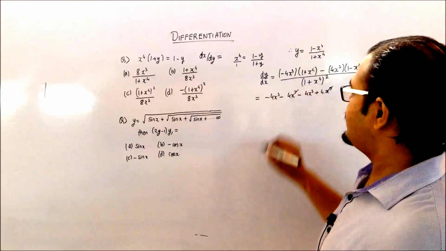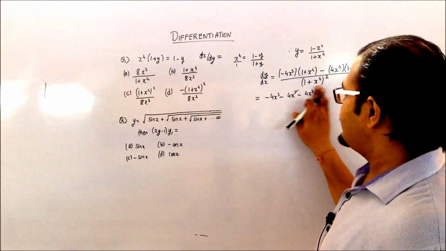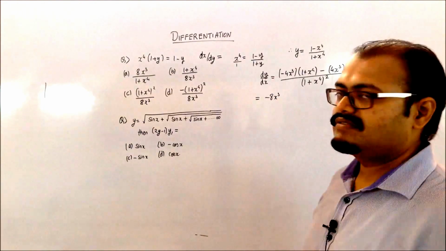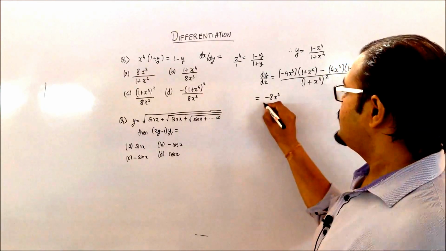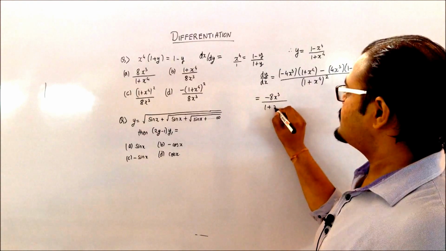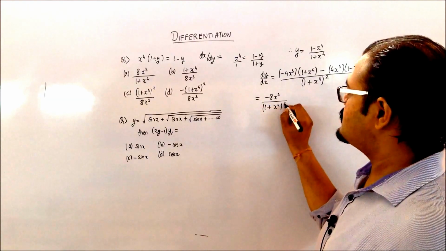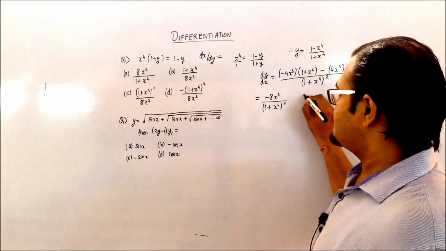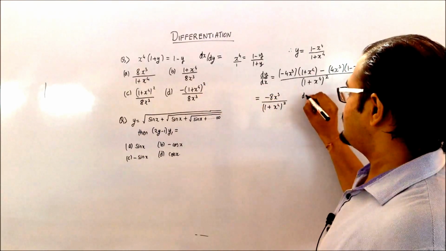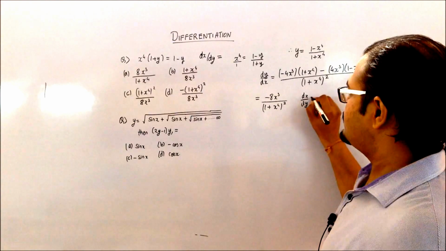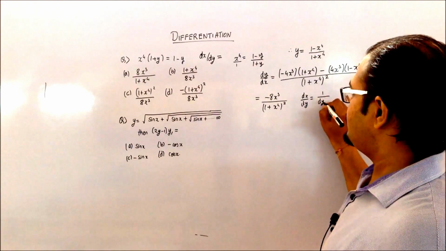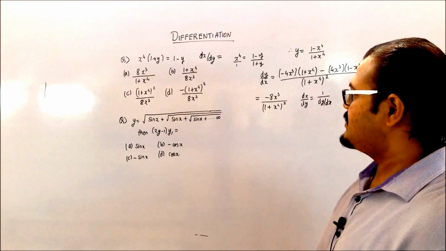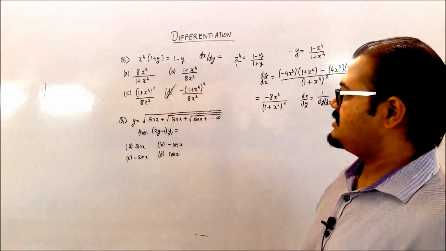So this part gets cancelled out, and you are getting minus 8x cube divided by 1 plus x raised to 4 the whole square. So if you want to find dx by dy, because that is what is asked, my dx by dy is basically 1 upon dy by dx. So you have to invert this. So the inverted answer is your D.